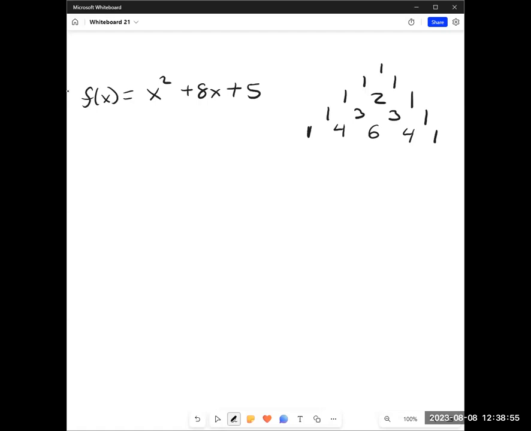This is useful for things in statistics that we call combinations, things in discrete math we call combinatorics. It's also very useful in the binomial theorem later in pre-calculus, which is part of what we're doing here.